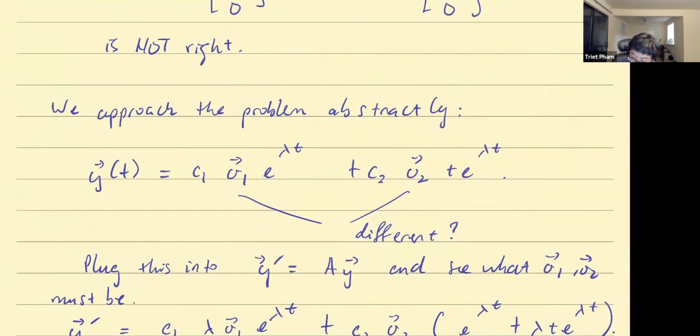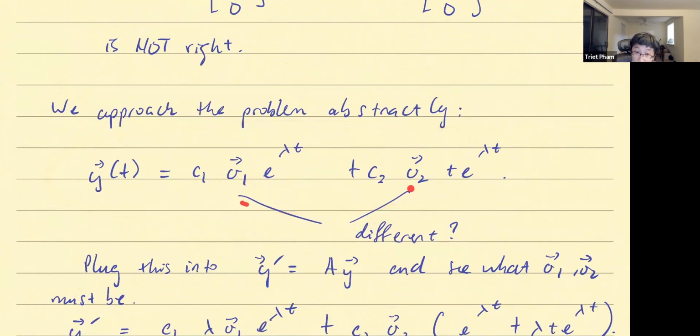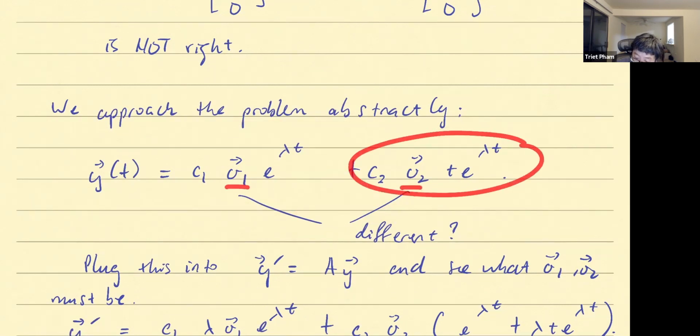So the generic structure that we propose is this, where we hope that V1 and V2 are different. If V1 and V2 are different, then these are two genuine solutions.